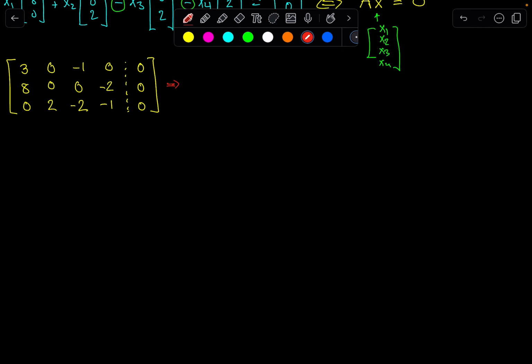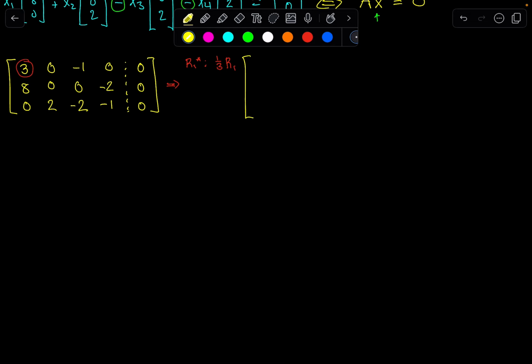So if I'm doing this one, let's see. The first thing I would do is I'm going to replace row 1 with 1/3 of row 1. And the reason I'm doing that is because I want to get a 1 up in this little first spot here. Again, you could have swapped the first 2 rows and turned the 8 into a 1, whatever makes you happy, but I'm just going to go ahead and start by doing this.